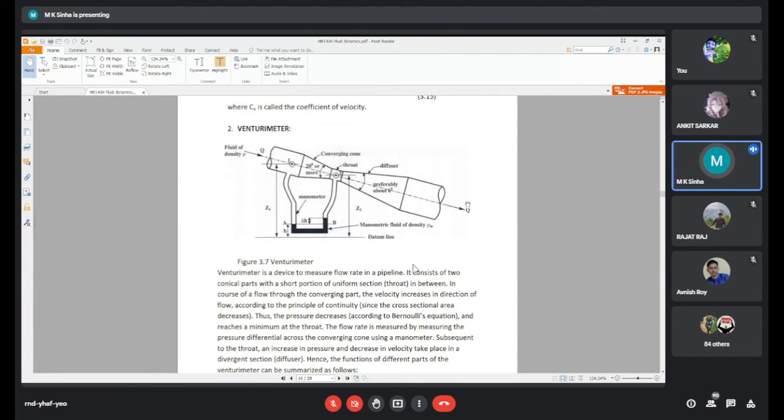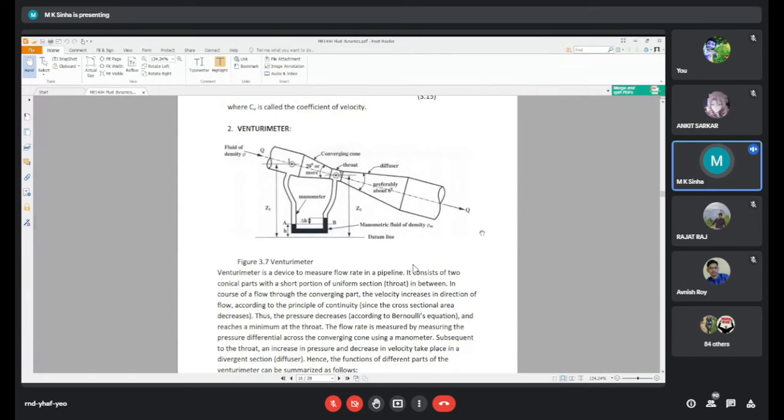It consists of two conical parts with a short section of uniform cross section, called the throat, in between. So see, there are three parts of the Venturi meter.